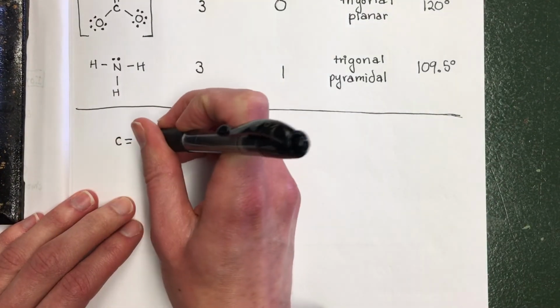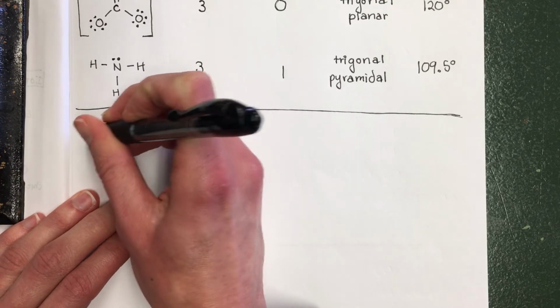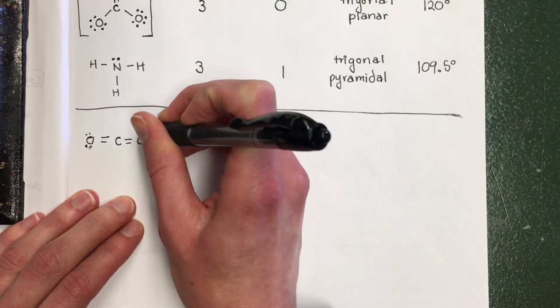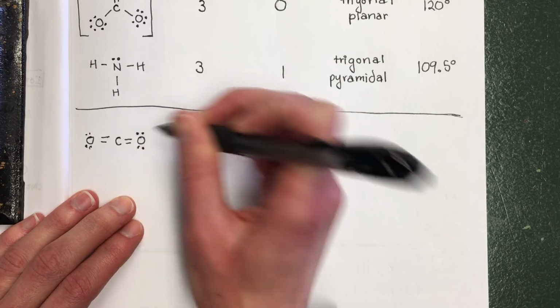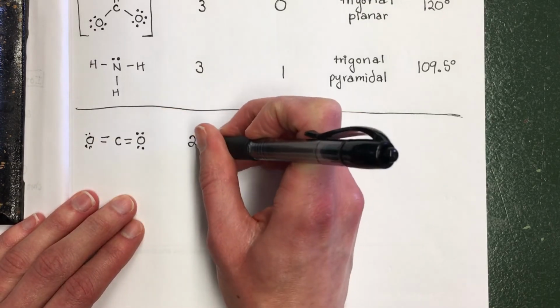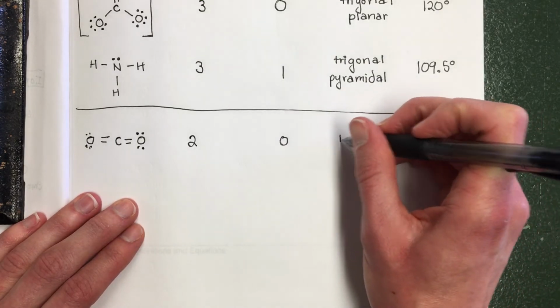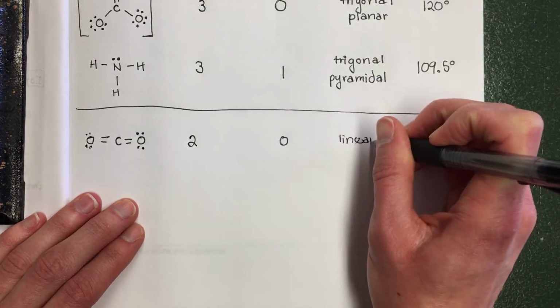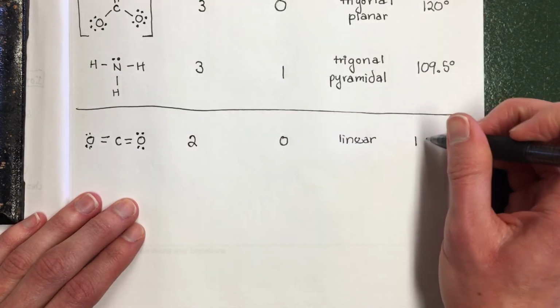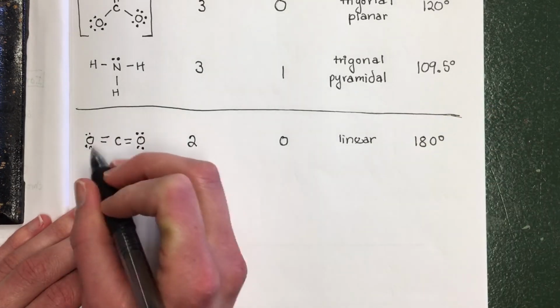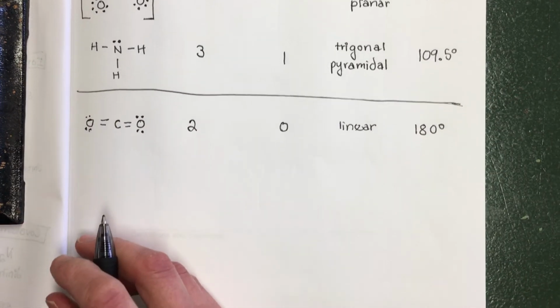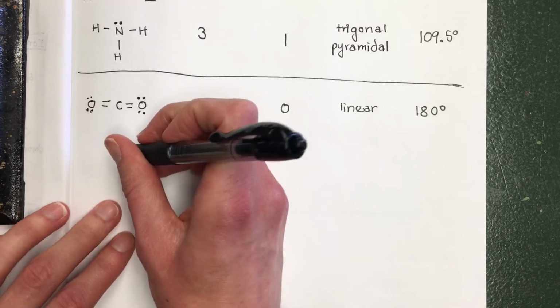So carbon with two oxygens bonded to it, this is carbon dioxide. It's got two bonding groups and 0 lone pairs. If that happens, it is a shape that we call linear, and the angle is 180 degrees, which is a straight line. So that's pretty easy, linear to straight line.